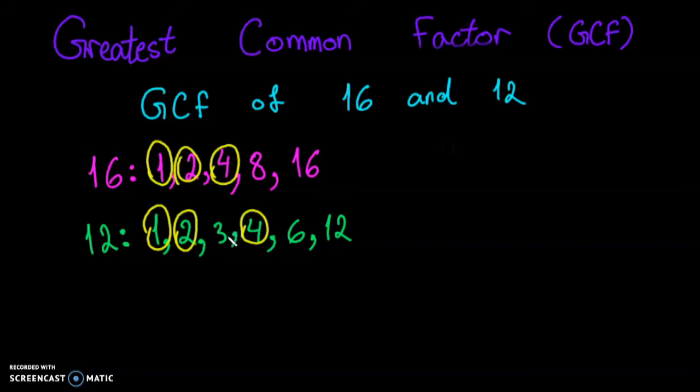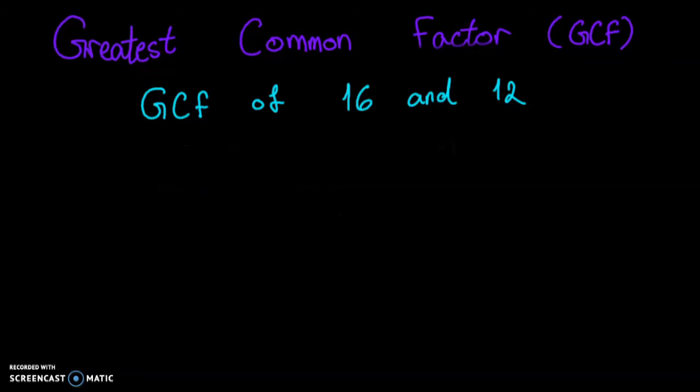Remember, with the LCM, or least common multiple, we took the smallest number because it was called least common multiple. Now we're looking for the greatest, so the highest number, which is 4. And that's it. The greatest common factor of 12 and 16 is 4.